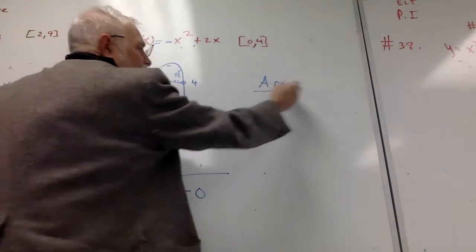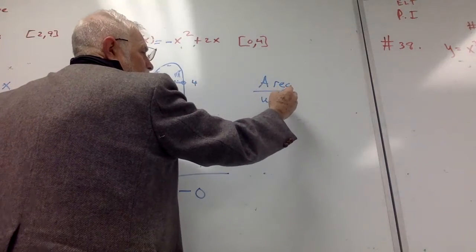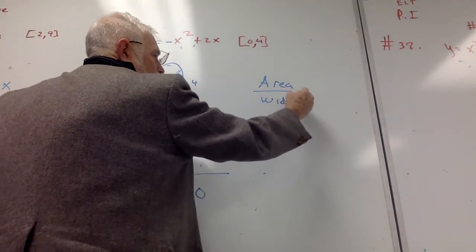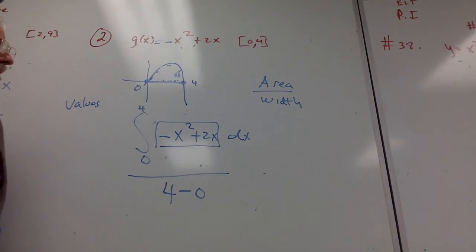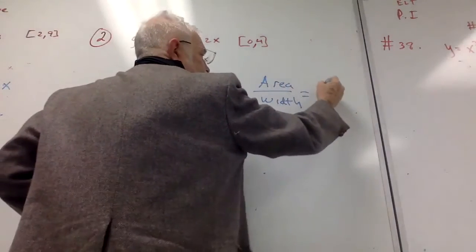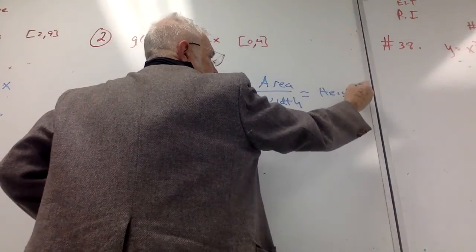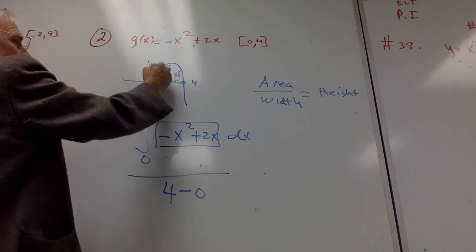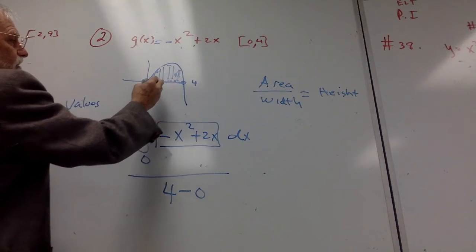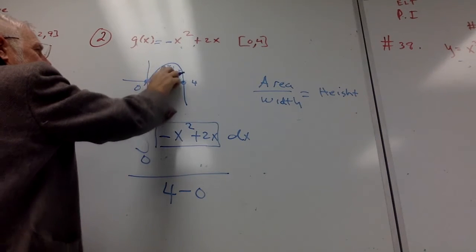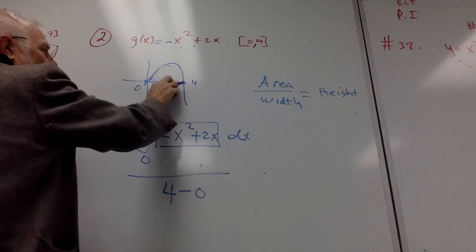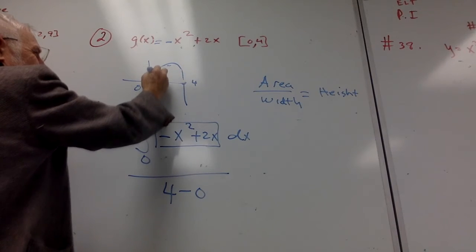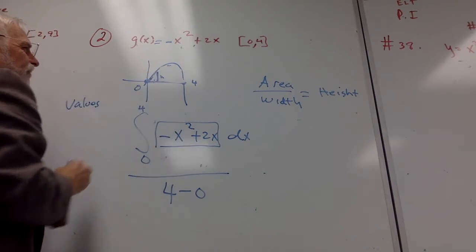I'm dividing area by width. I think that gets you height. All right, so if I divide this area by the width, I get a particular height. And I would say the height I'm getting would be right about here. That would be my average value.